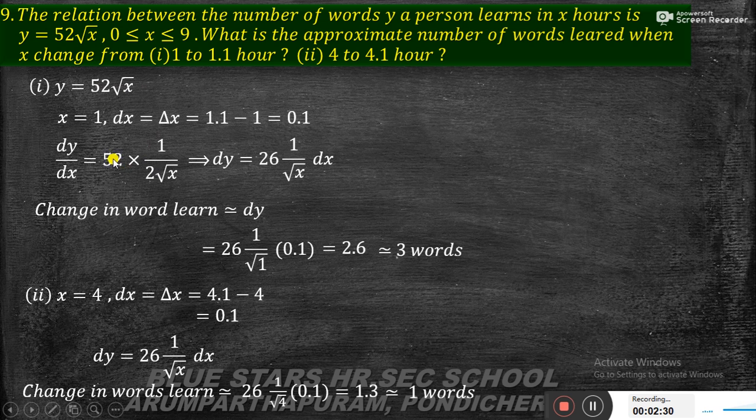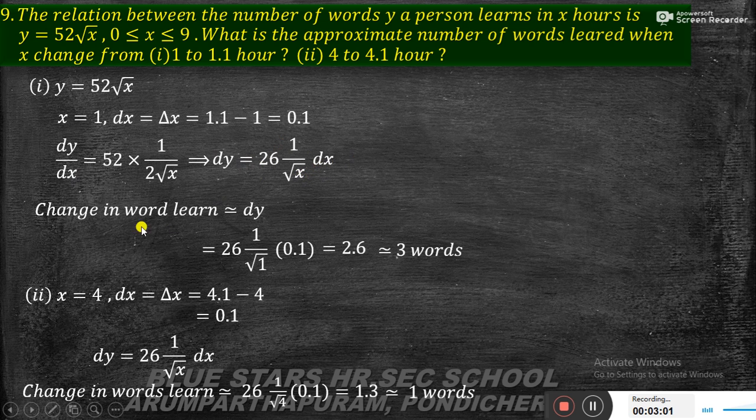Therefore, the differentiation is 52 into 1 by 2 root x, which implies, I cross multiply the dx to the right hand side. Therefore, dy equal to 26, I divide the 52 by 2, so the answer is 26, into 1 by root x into dx. Therefore, dy equal to 26 into 1 by root x into dx.